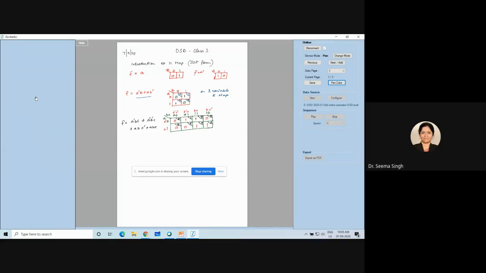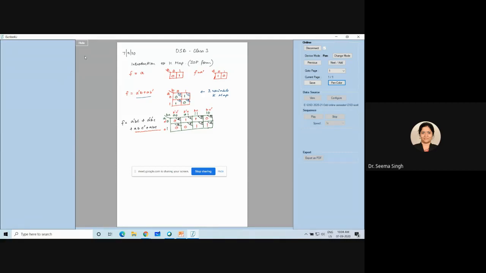In Boolean expression, you would have tried to take AB common, and C plus C bar would have gone in the bracket and vanished, right? This you would have done.